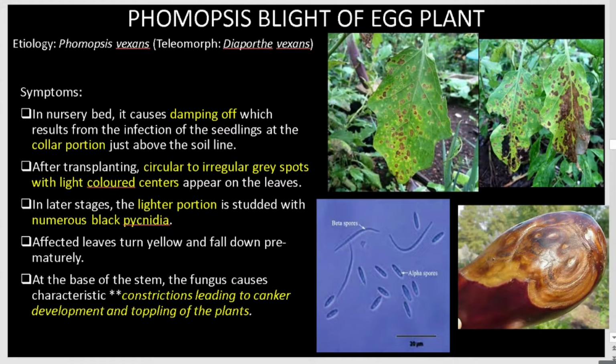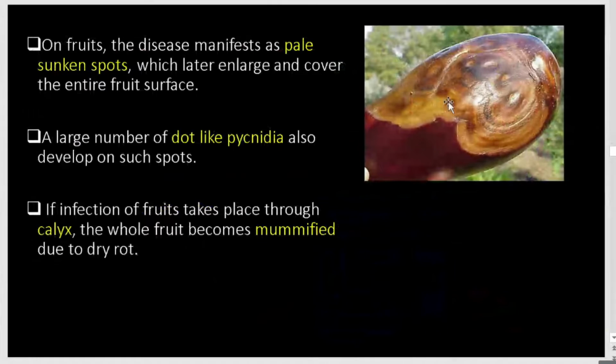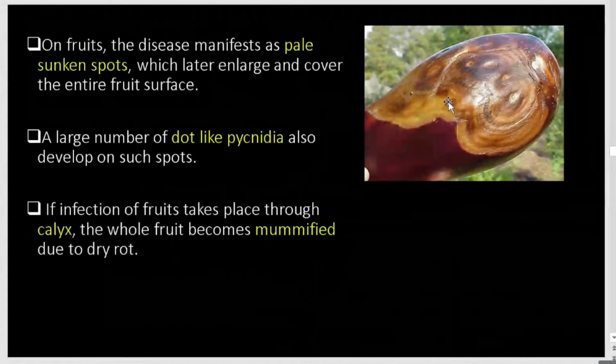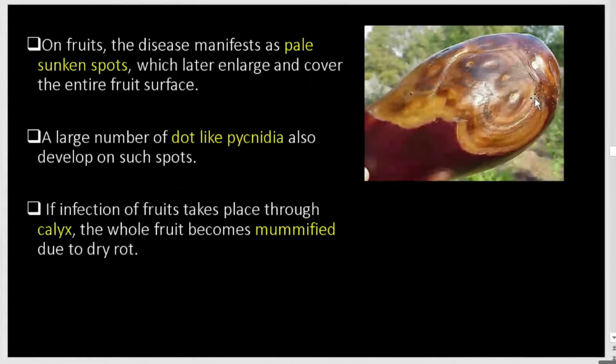Characteristic symptoms are observed on fruits. If infections are very severe, on a single infected eggplant, a lot of mummified fruits may be visualized.